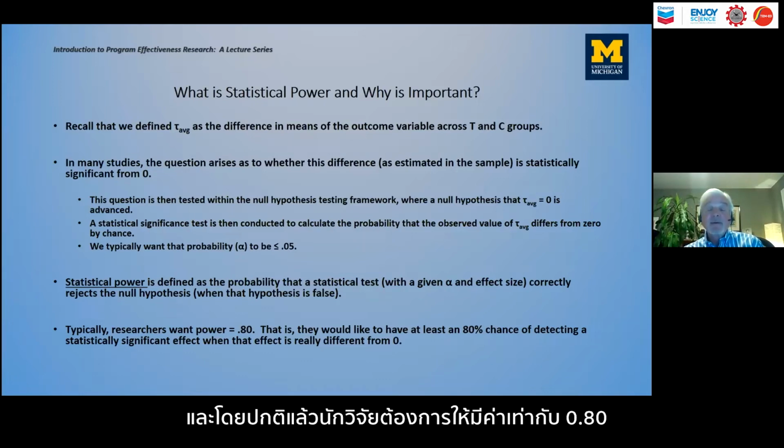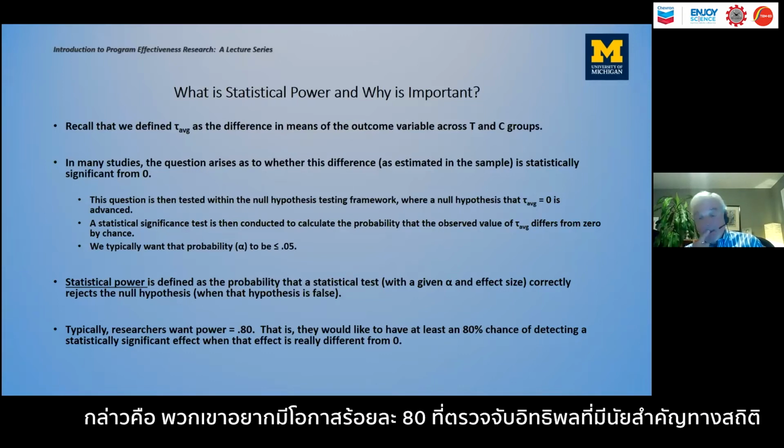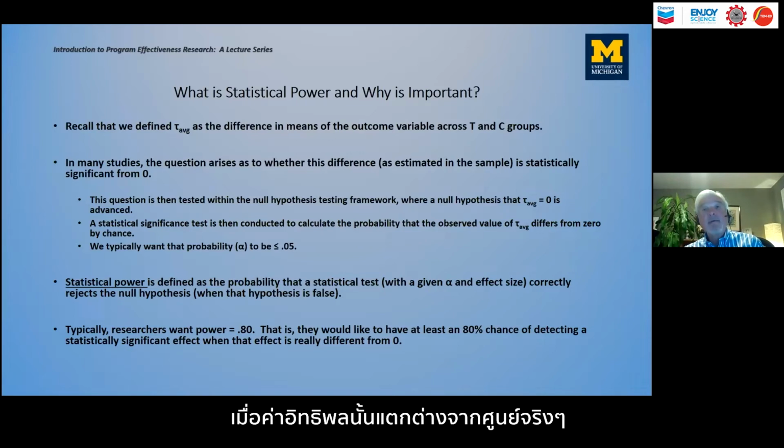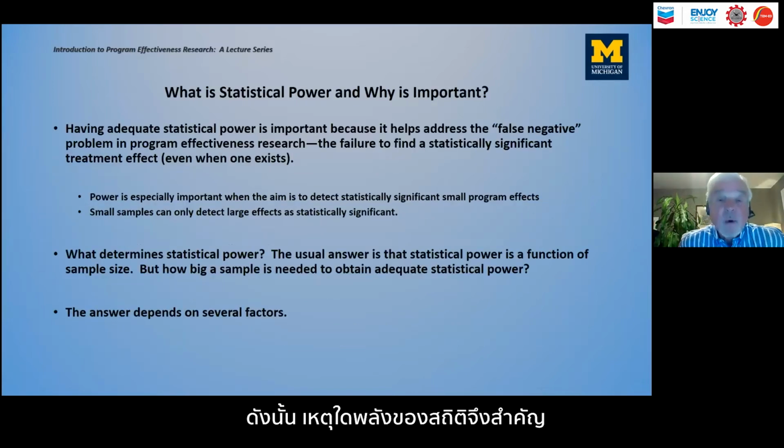And typically researchers want power to be equal to 0.80. That is, they'd like to have at least an 80% chance of detecting a statistically significant effect when that effect really is different from zero. So why is statistical power important?